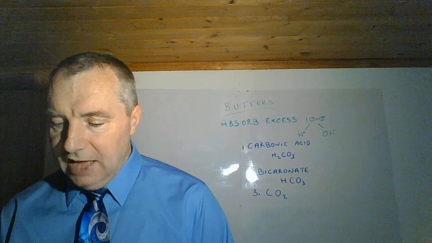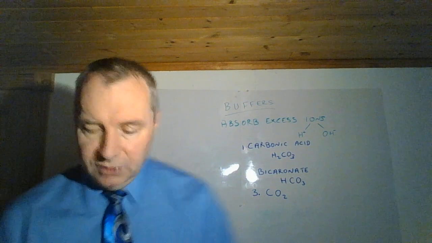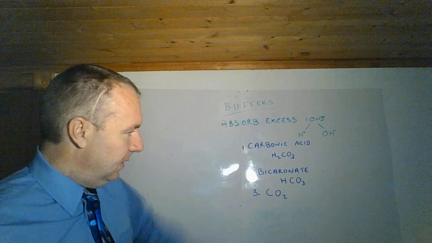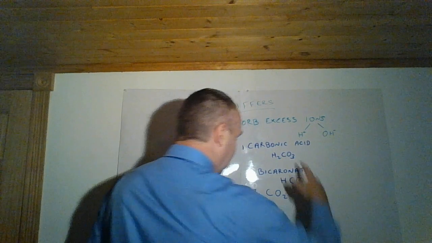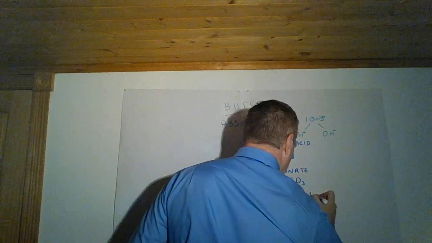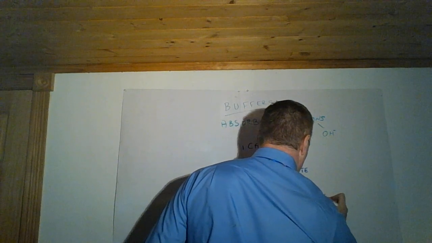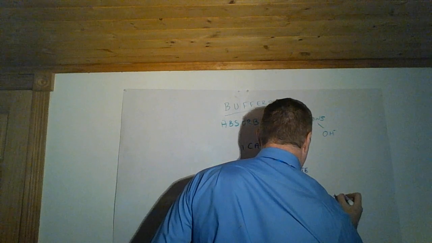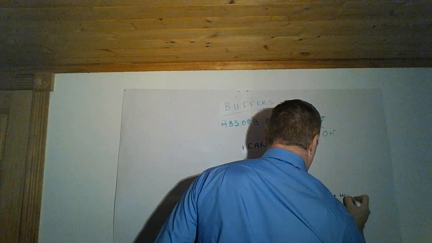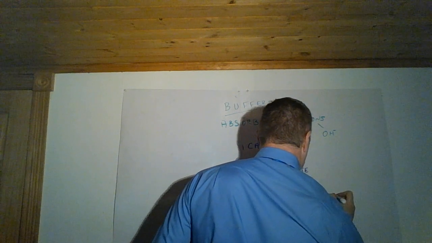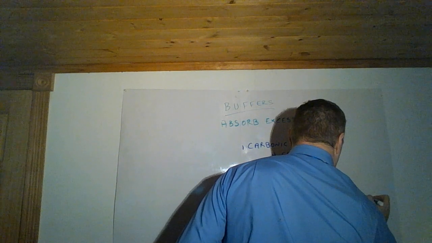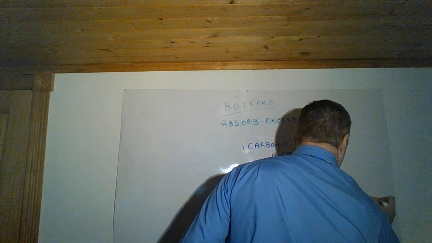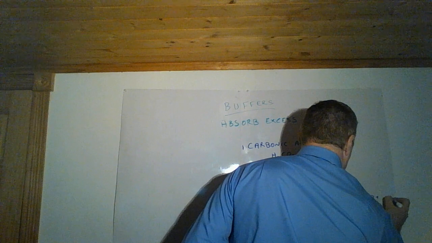So the end result, when you have too much of one or the other, is you end up with an addition of these two. This is negative and this one is positive, and what you end up with is water and CO2.